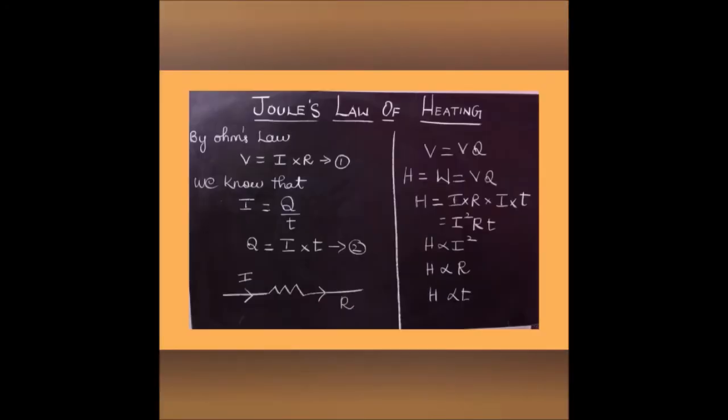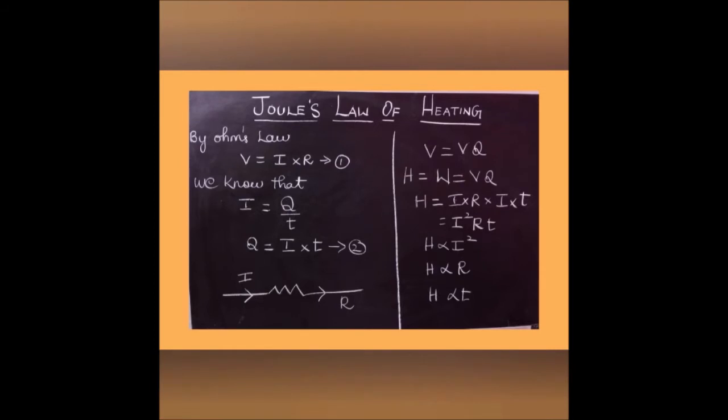We are going to derive the equation for Joule's law of heating. By Ohm's law, we know that V equal to I into R. Let's consider this as equation number 1. We know that from the definition of electric current, I equal to Q by T. Then Q equal to I into T. Let's consider this as equation number 2.